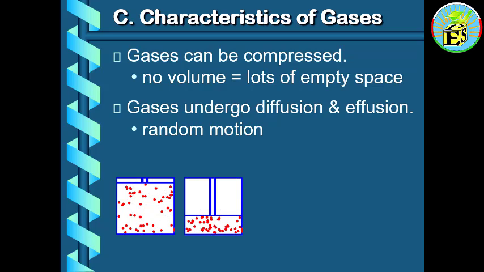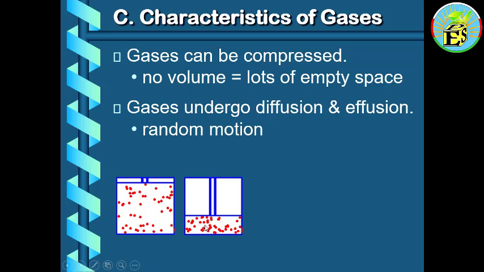This figure represents that particles of gases move randomly and can be compressed, because if we compare the volume here and the volume in the other figure, the spaces in the first figure decrease, and all the volume is decreased, but we didn't change the number of particles.